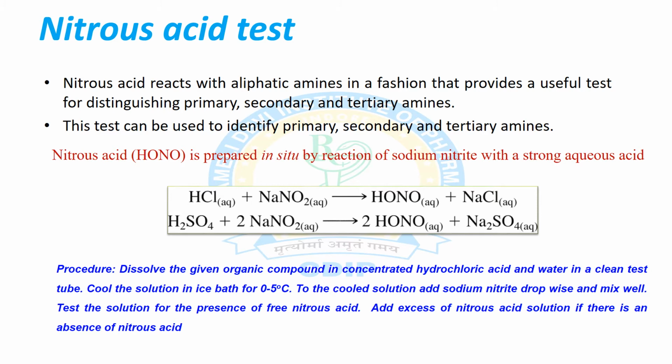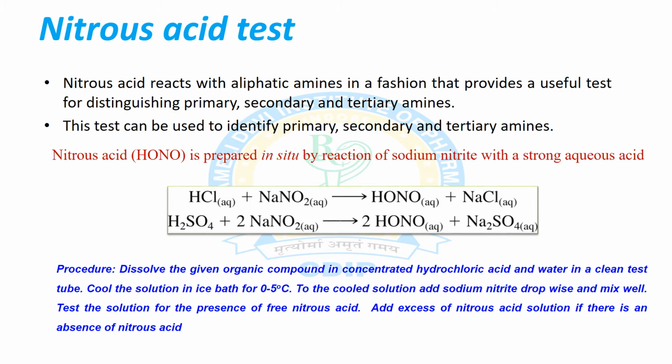HONO or HNO2. It reacts with the aliphatic amines in a fashion that provides a useful test for distinguishing primary, secondary and tertiary amines. The main thing here is that nitrous acid decomposes at room temperature very easily, and so we need to prepare it in situ.